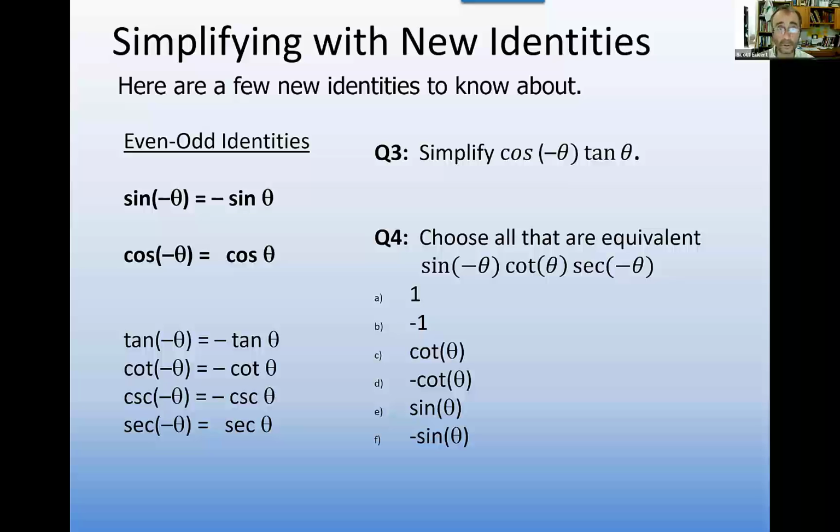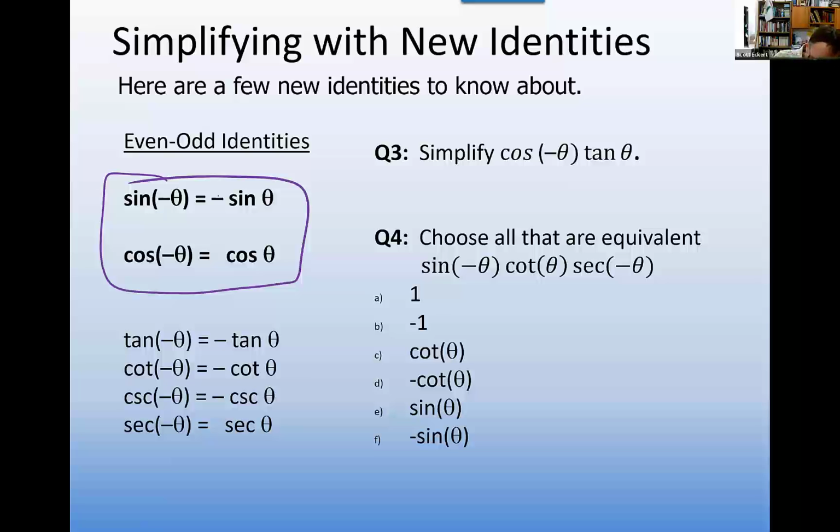But what you should know is these two here. So these you want to memorize. Sine of negative theta equals negative sine theta. And cosine of negative theta equals cosine of theta.